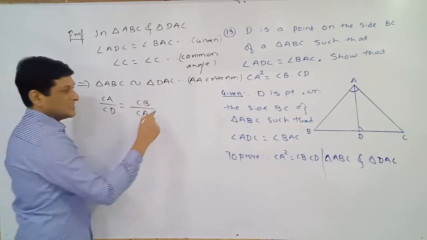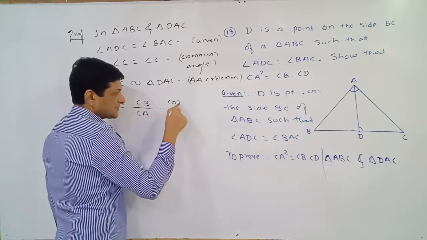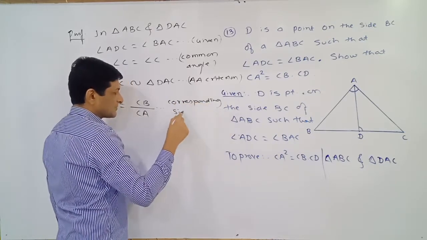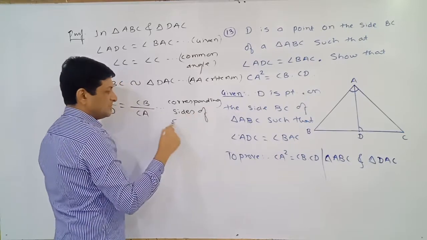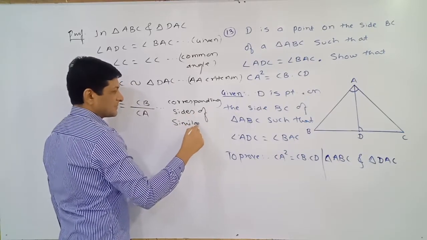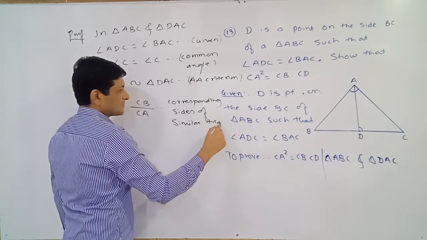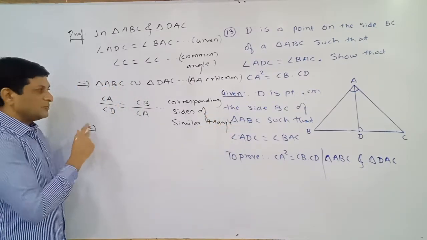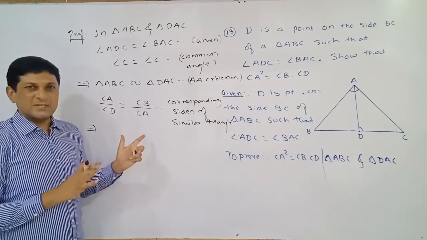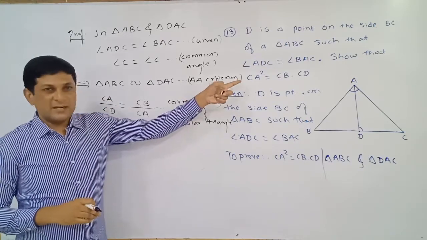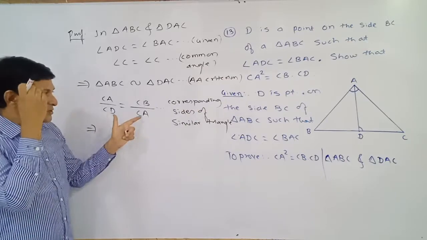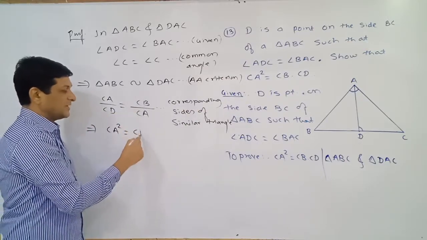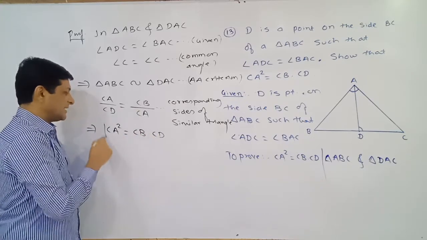So these are nothing but corresponding sides of similar triangles. Okay. Now just simplify it. We are only considering those sides which give our required result. So CA into CA will become CA square, equal to CB into CD on the other side, and that is the result which we have to prove here.